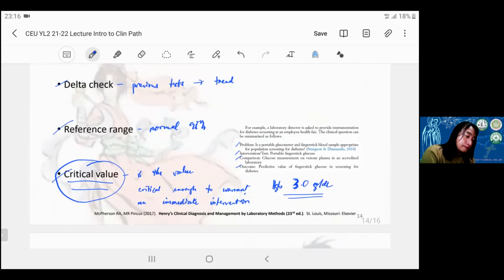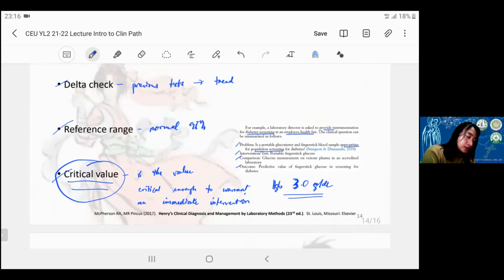there is a request to provide diabetic screening tests for an employee health fair. So the question here or the problem here is, is a portable glucometer and finger stick blood sample appropriate for population screening?